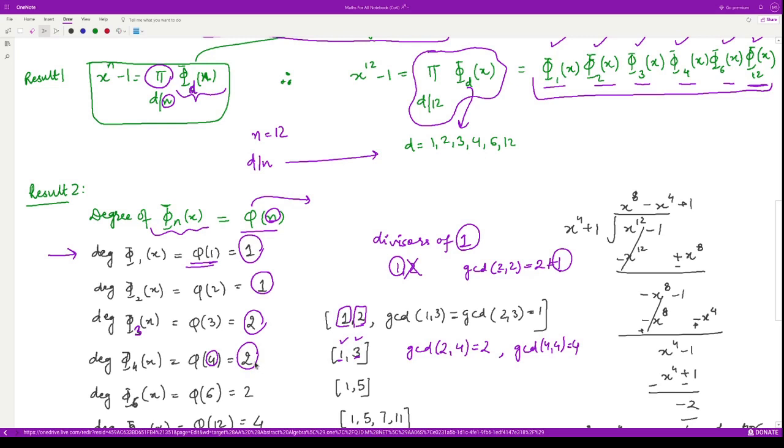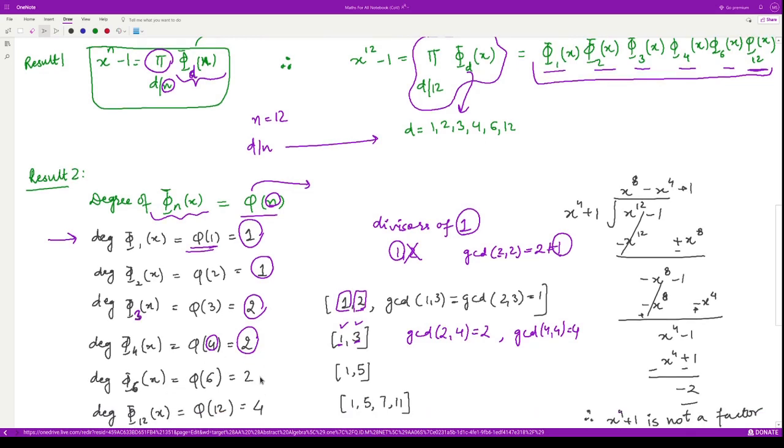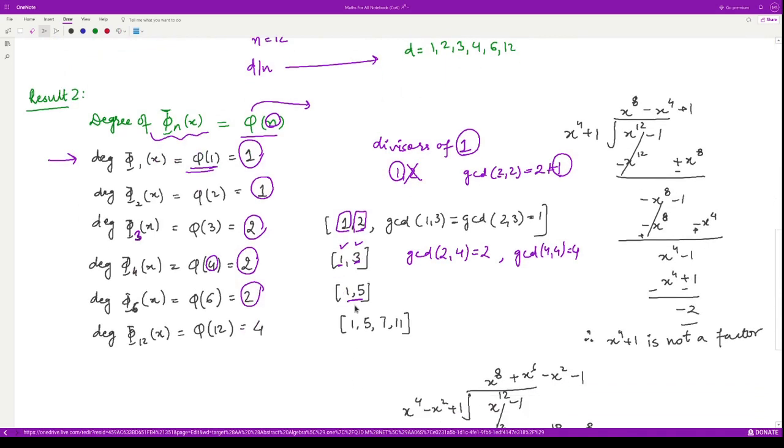So this is 2. Then the degree of phi 6 of x is 2. Similarly counted, the numbers are 1 and 5 whose GCD with 6 is equal to 1. And for phi 12 of x we have 4. The degree of this polynomial is 4 because the only numbers are 1, 5, 7 and 11.